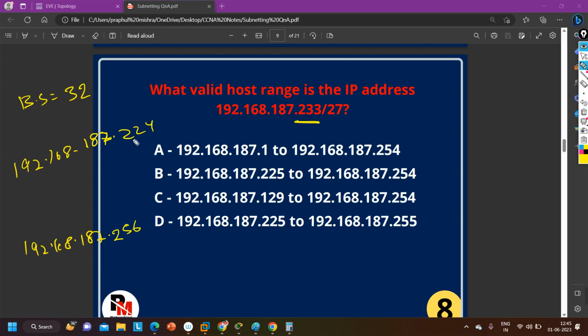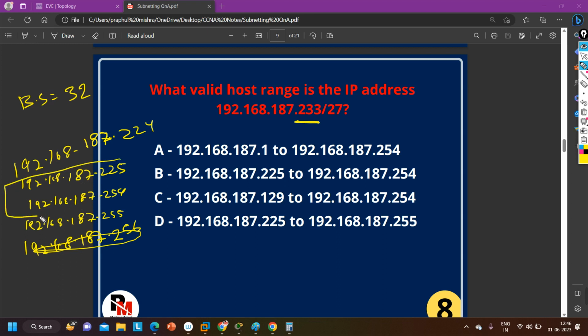Yes or no? That means this is the last network. So the last IP address will be 192.168.187.255. The first valid IP address will be 192.168.187.225, and the last valid IP address will be 192.168.187.254. So this is the range.